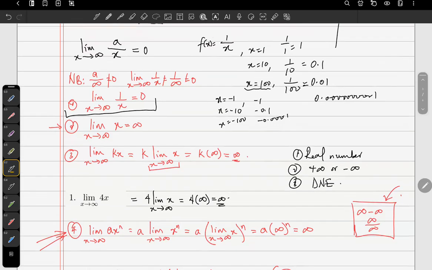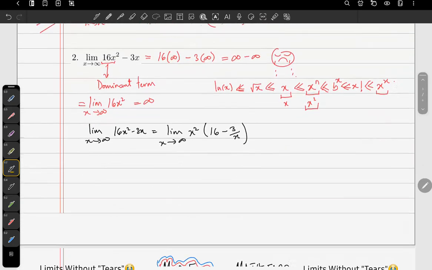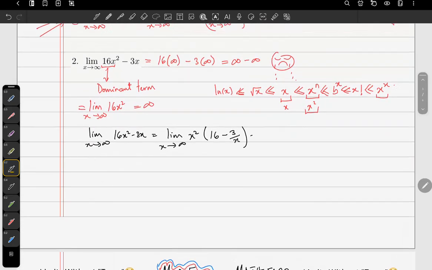Okay, so we know that the limit of a number over x, or any power of x even, will give us 0. So with that, we can say this is equal to the limit as x goes to infinity of x squared times the limit as x goes to infinity of 16 minus 3 over x.